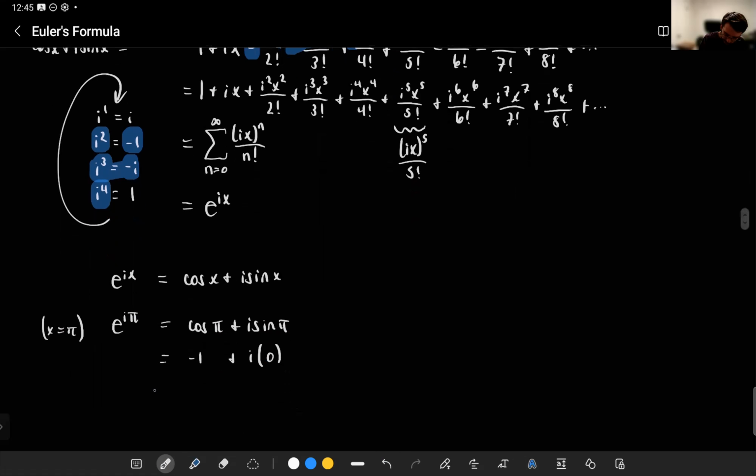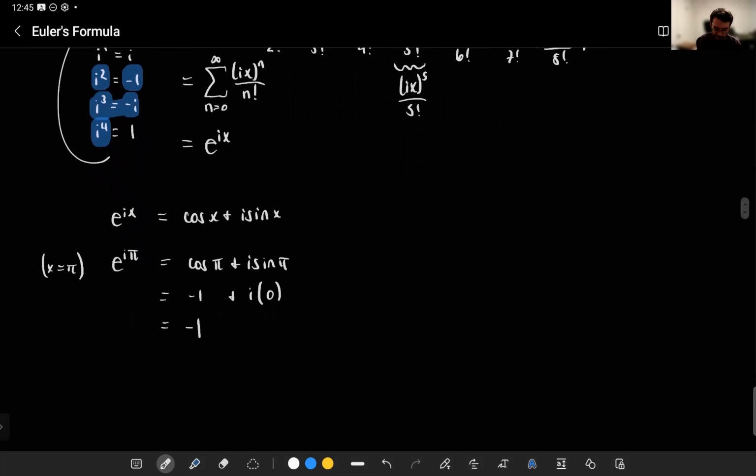Okay, the 0 kills the i. This is no longer a complex thing, at least on the right-hand side. And let's add the 1 over. I get e to the i pi plus 1 equals 0. That is what's called Euler's formula, or I guess that's Euler's identity in this case.